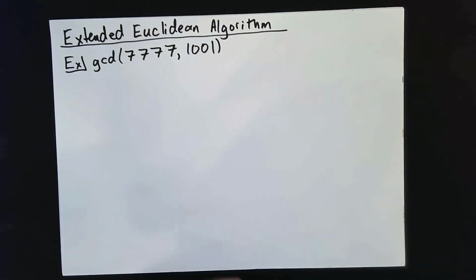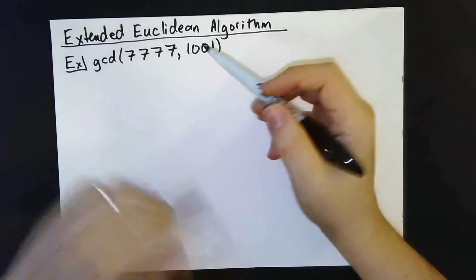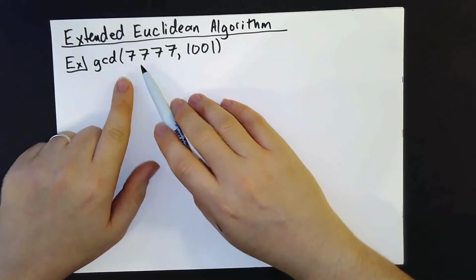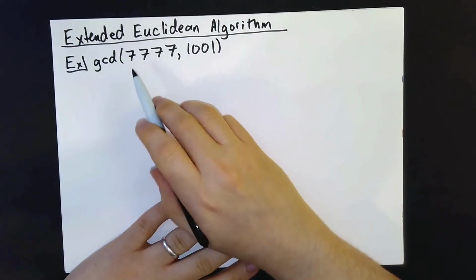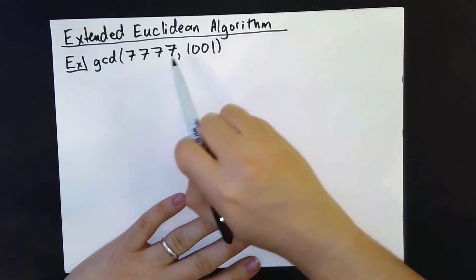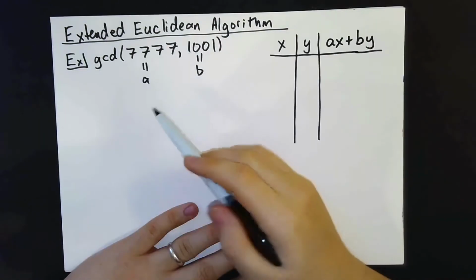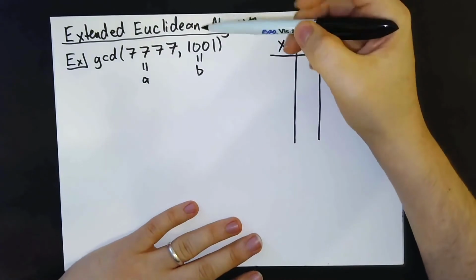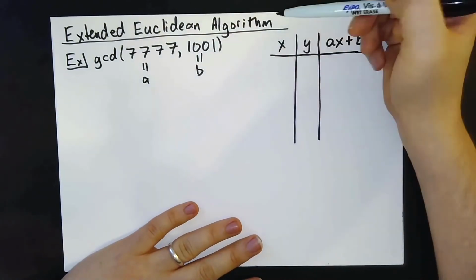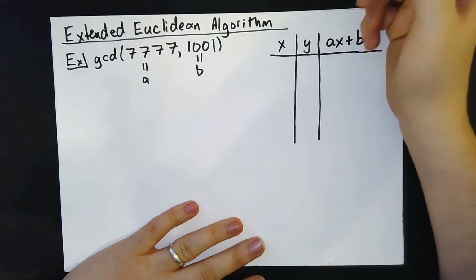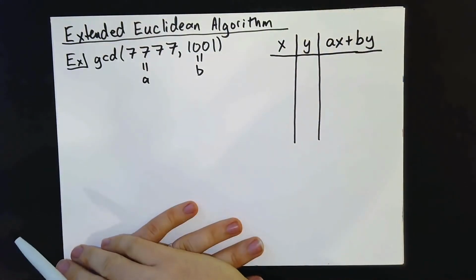Let me show you. I'm going to show this to you by using the example, the GCD of 7,777 and 1,001. And really, all this version of the algorithm is going to amount to is doing a little bit of bookkeeping while we do exactly the thing we did before.